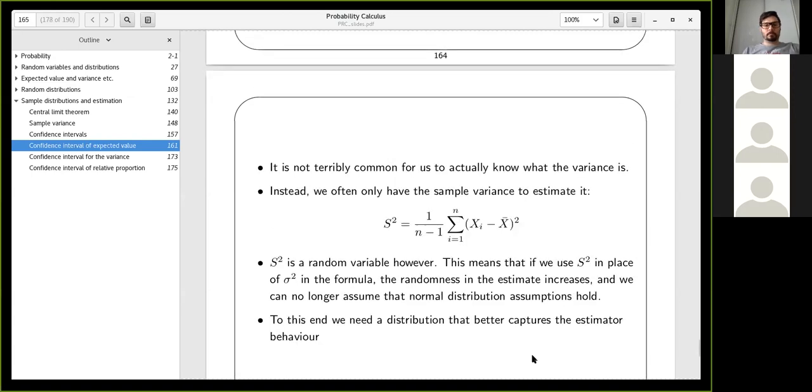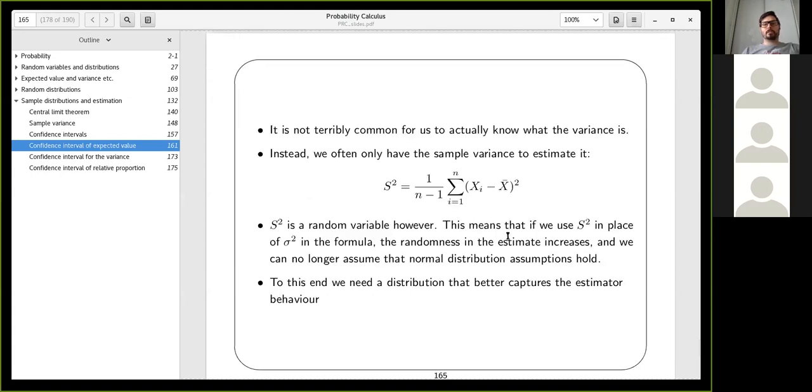Okay, let's move on. It's not terribly common for us to actually know what the variance is. Well, you can use, I've used this a number of times.